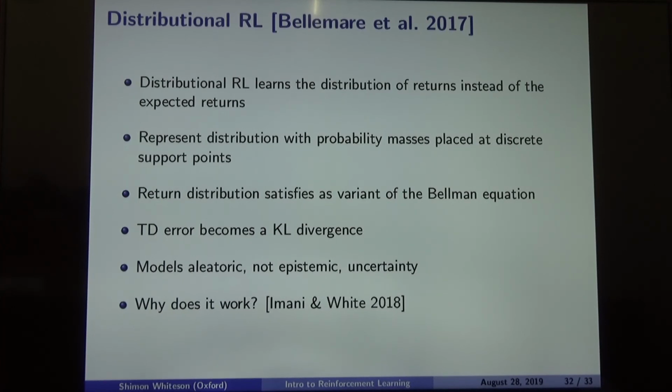So I mean, it couldn't possibly be epistemic uncertainty because there's no Bayes rule in this algorithm. There's no prior, there's no likelihood, there's no Bayesian update. There's no algorithmic mechanism to reason about epistemic uncertainty. Just like all the methods we've talked about so far, it's a frequentist method.